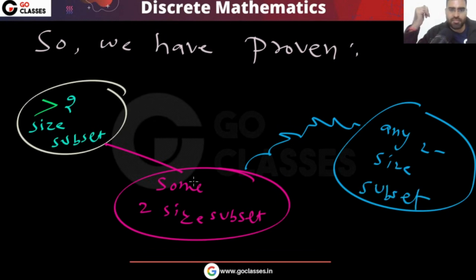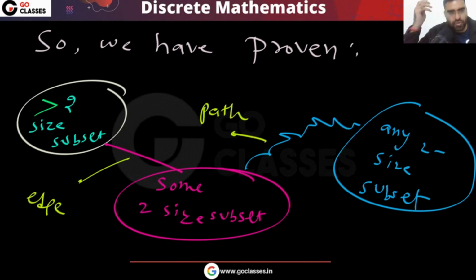So did you notice that? Here there is an edge and here there is a path. That's it. This is another proof, another variation.